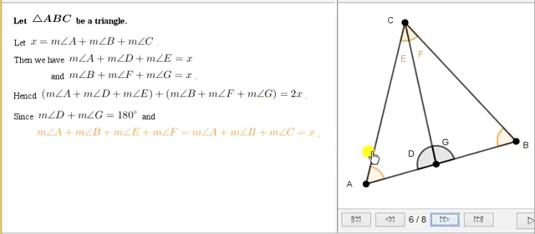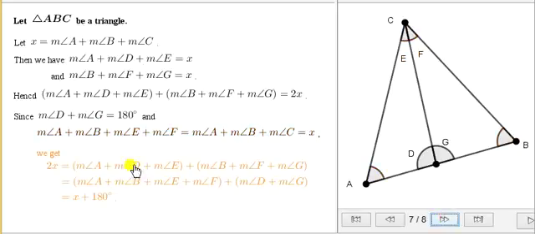So in the beginning, we know that the sum of these 6 angle measurements is 2x. And we know that this is 180 and the other 4 is x. So when you add these two triangles, the sum of inner angles is 2x, but when we rearrange them, the sum of these four angles is x, and the sum of D and G is 180.